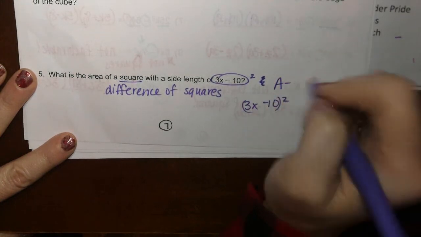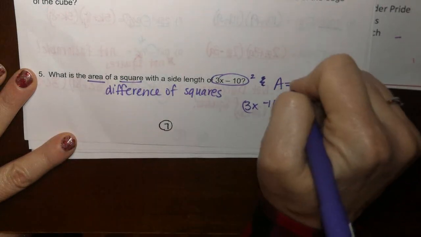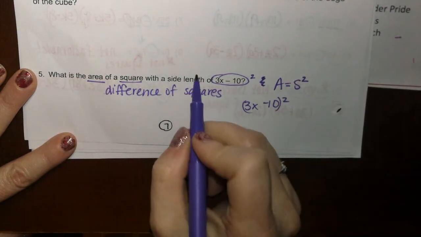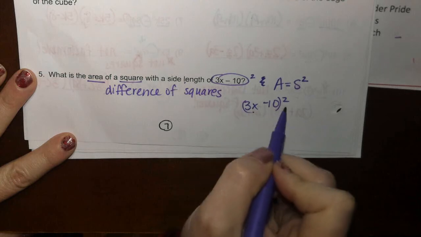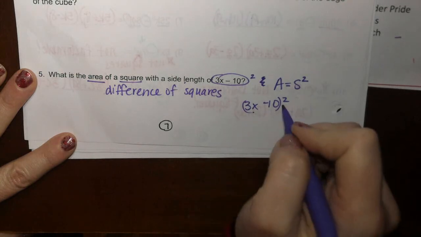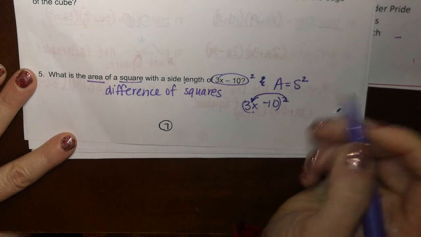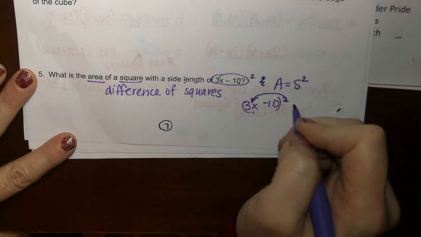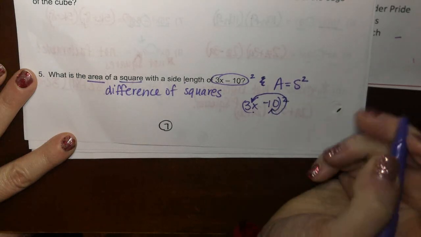Because it's wanting to know area. Area of a square is the side length squared. Well, if they said the side length is this, then it's this and then squared. So this exponent distributes to everything inside of the parentheses.